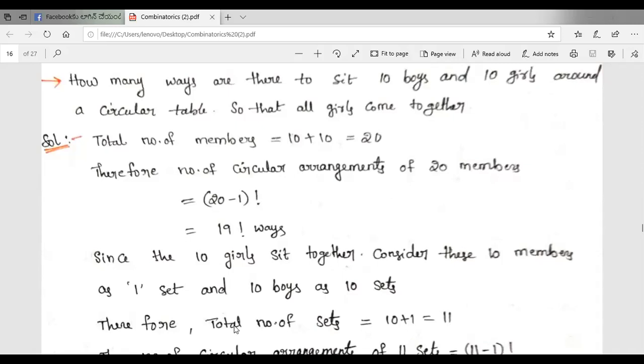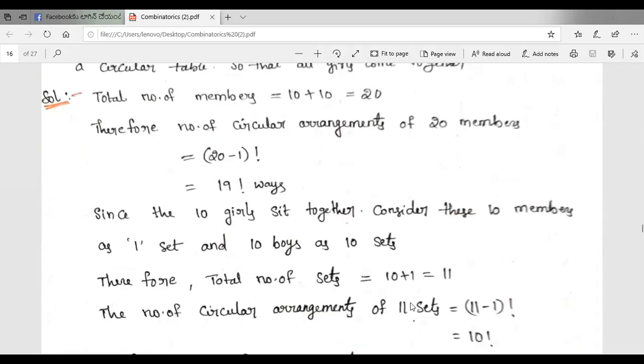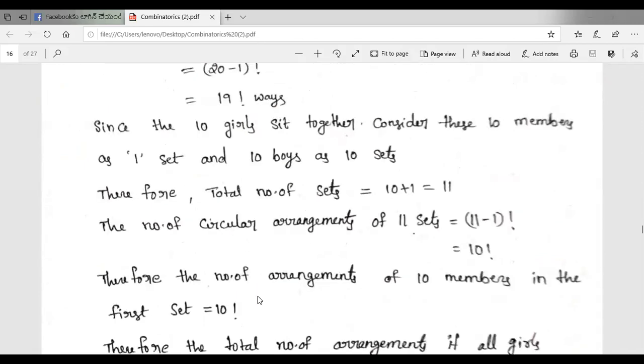So the number of circular arrangements of 11 sets is 11 minus 1 factorial, that is equal to 10 factorial. Therefore, the number of arrangements of the 10 members in the first set is 10 factorial.